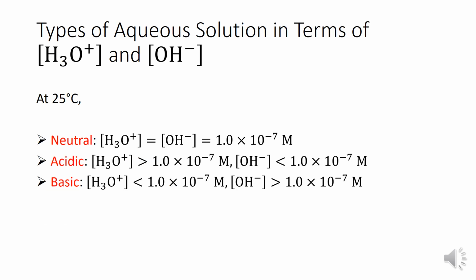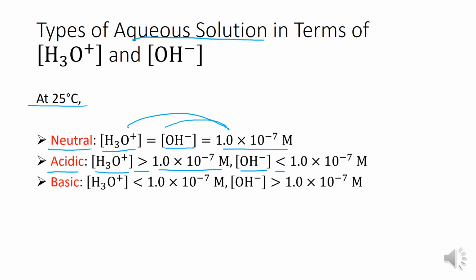Based on the hydronium ion concentration and the hydroxide ion concentration, we have the following types of aqueous solutions. At 25 degrees Celsius, a solution is neutral when the hydronium ion concentration is equal to the hydroxide ion concentration, and they are both equal to 1 times 10 to the negative 7 molarity. In an acidic solution, the hydronium ion concentration is greater than 1 times 10 to the negative 7 molarity, and the hydroxide ion concentration is less than 1 times 10 to the negative 7 molarity.